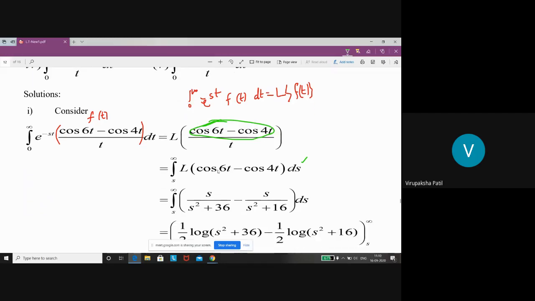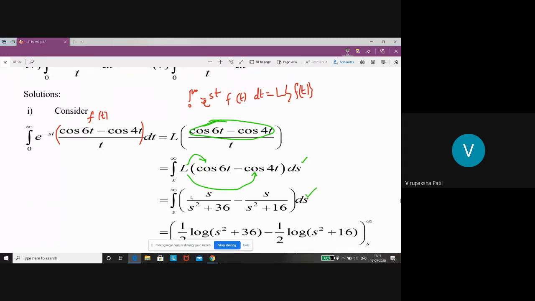Now write down the Laplace transform of cos 6t minus cos 4t, operating separately because Laplace is a linear operator. So Laplace transform of cos 6t is s divided by s square plus 36, minus Laplace transform of cos 4t is s divided by s square plus 16, with respect to s.